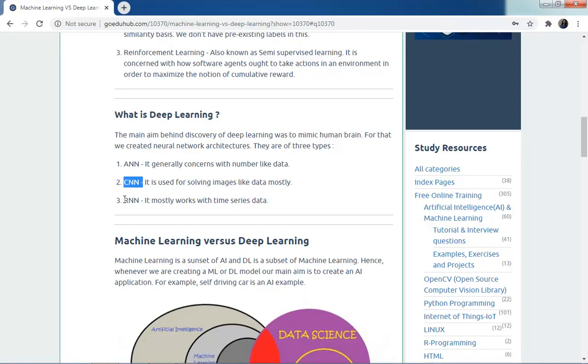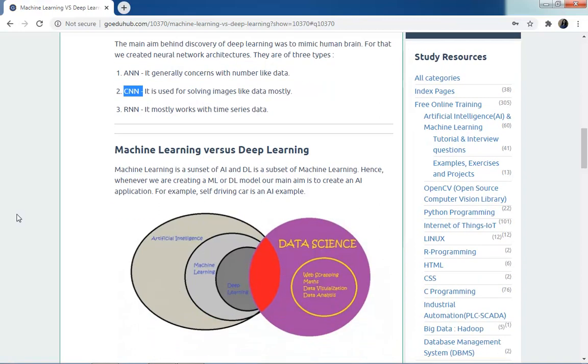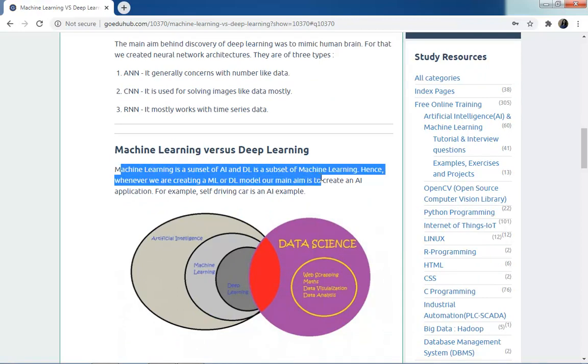Okay, so it is a subset of machine learning. The traditional machine learning algorithms come under machine learning, and then the deep learning algorithms. Okay, so now you should be clear about AI, ML and deep learning. Or you can say machine learning is a subset of AI and deep learning is a subset of machine learning. This is very, very important.